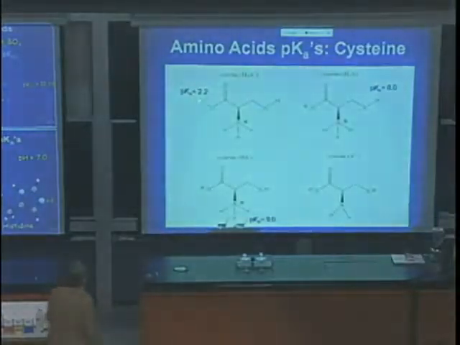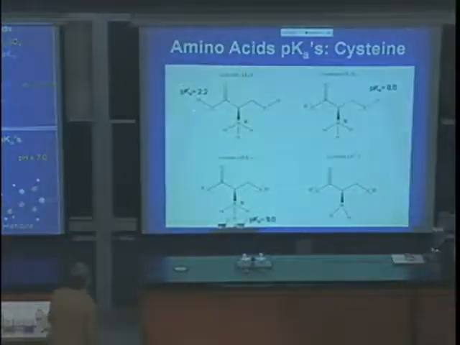Now, if I have pH 1, would that proton be on or off? On, okay? I go to pH 3, would it be on or off? Off, okay? So now we go up in pH, so we deprotonate this. Now we come to this one here, so this is now minus, and you see that NH3 is always plus here.